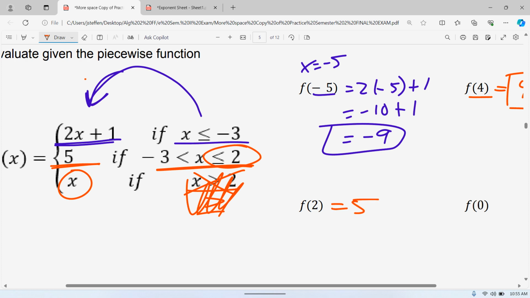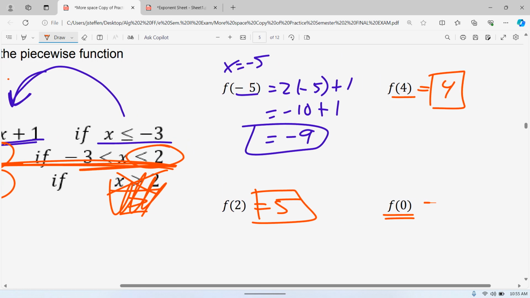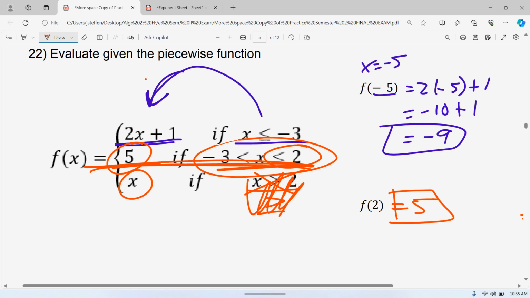There is no place to plug 2 in, so your answer is the same. Likewise, 0 is in between -3 and 2, so we're going to use the second equation here, which again, if there's no x, your answer just is 5. There's no place to plug that in.